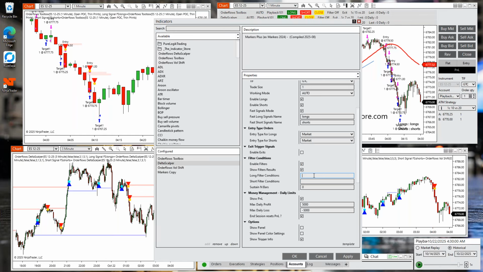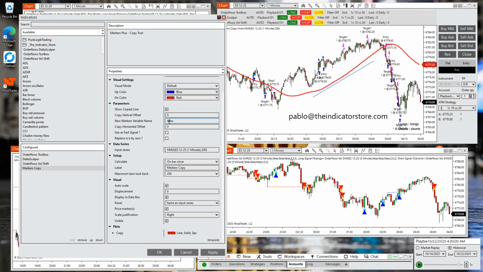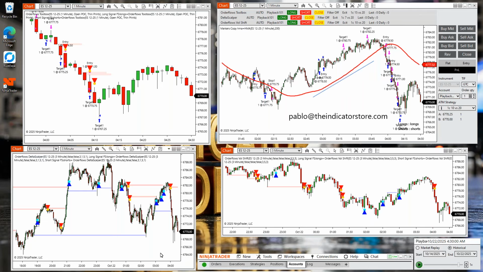But for example, I want the close of the current bar greater than the HMA on the current bar for longs, no? The close is an internal variable, the price on the current bar, and the HMA is the variable that I copied here, HMA. Okay? So I want the close over the HMA, and for the shorts, the close below the HMA. Okay?